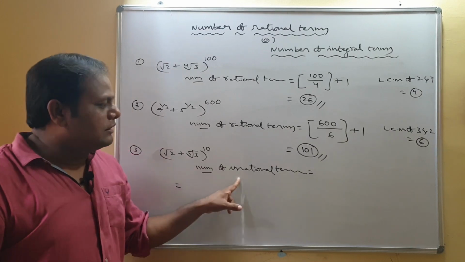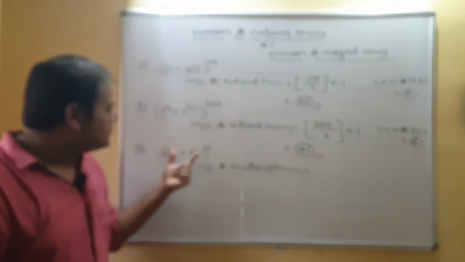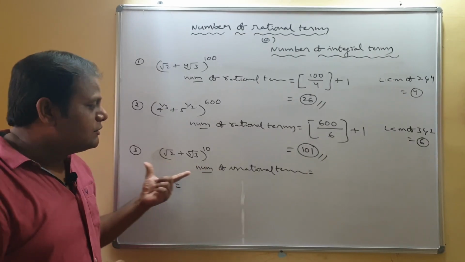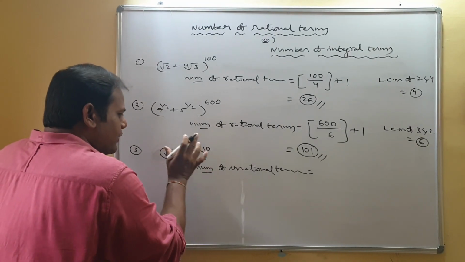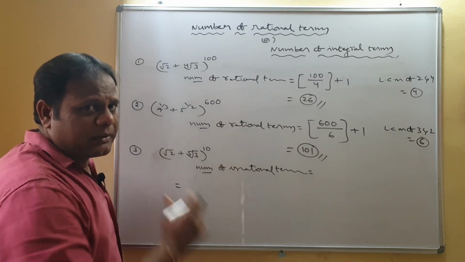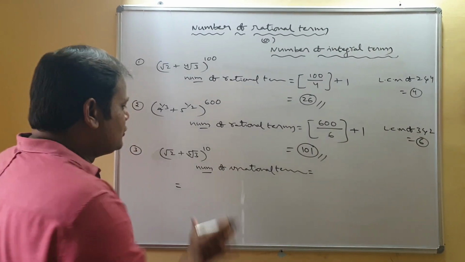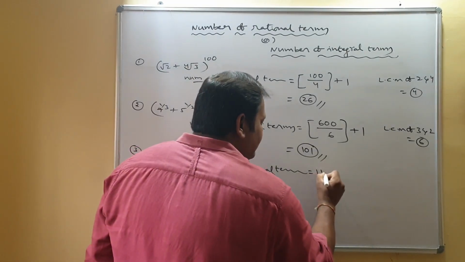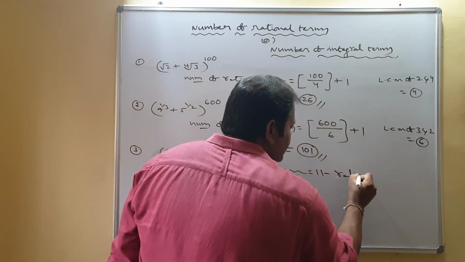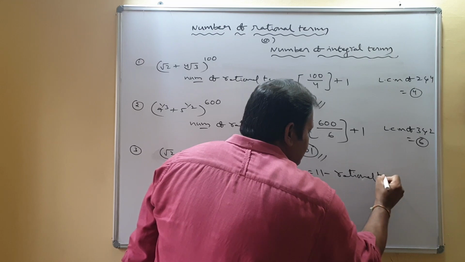Coming to this problem, what are they asking? The number of irrational terms in this expansion. So to get irrational terms, from total terms you subtract rational terms, right? So how many total terms are possible here? 11. So 11 minus rational terms.